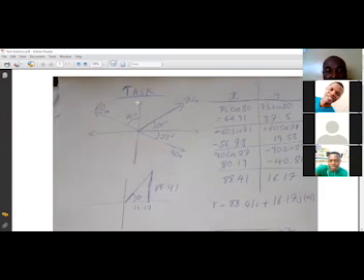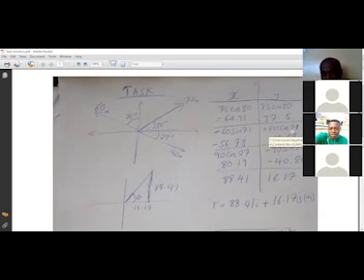Because the angle is drawn from the north going south line. If the angle is drawn on this line, for the x component, you use sine. Then for the y component, you use cos. That's the reason why I've written minus 60 sine 71 and plus 60 cos 71. That's the way it is.